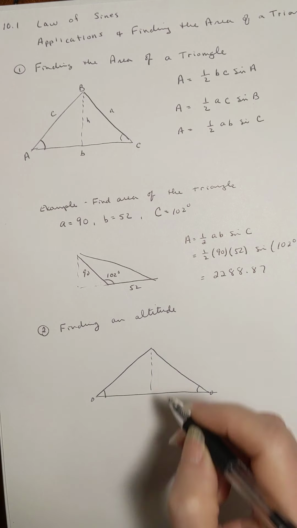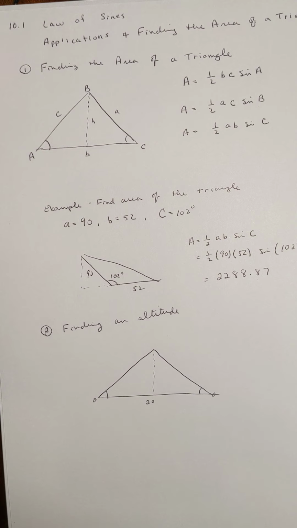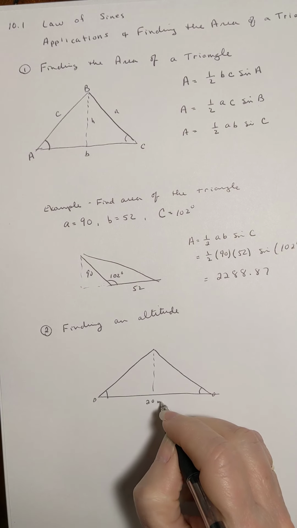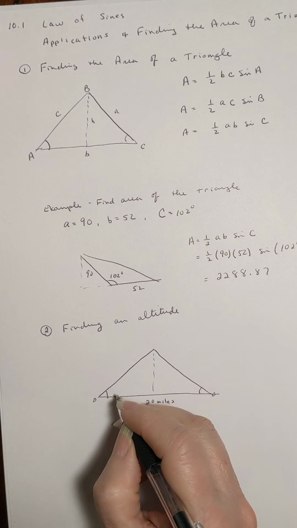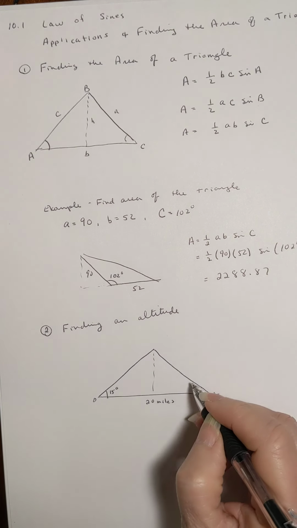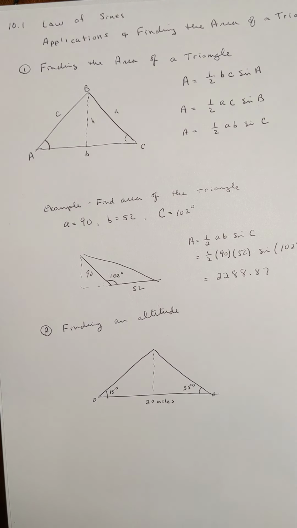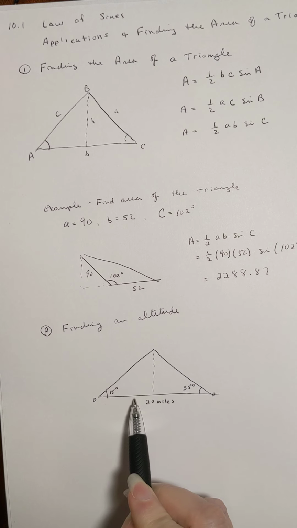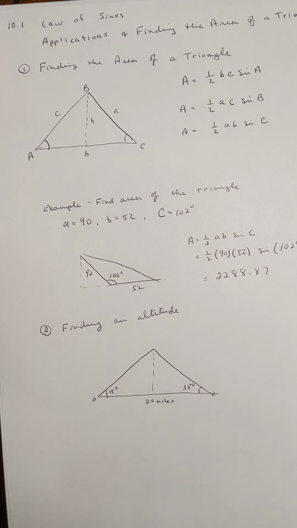So we're looking for this distance here. Let's say that these two satellites are 20 miles apart. When it's looking at this plane, the angle of elevation here is 15 degrees, and the angle of elevation here is 35 degrees. And remember, angle of elevation is always from the horizontal going up.